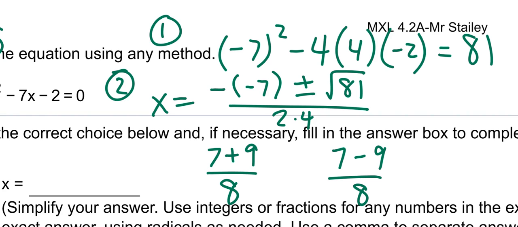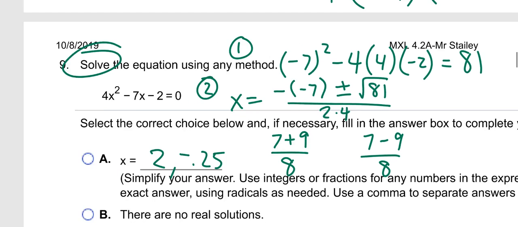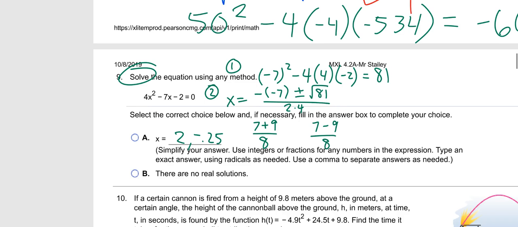So 7 plus 9 over 8 is what? 16 over 8, also known as 2. 7 minus 9 over 8 is negative 2 over 8, which is negative 0.25, or negative 1/4 if you're a fraction fan. Those are the two answers we should have come up with, and we shall continue this mañana.